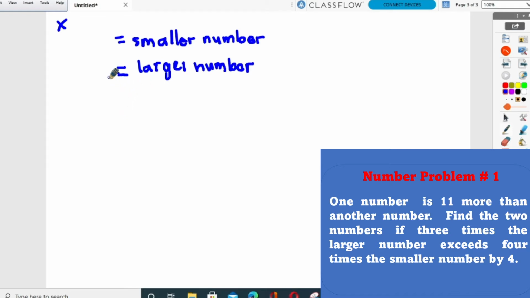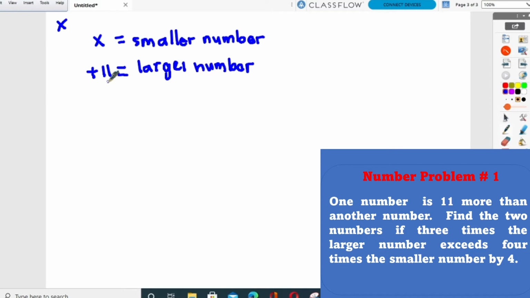Obviously, we will assign this as more than, plus 11. If we say more than, that means we are adding 11. Larger is larger than another number. So if this is larger than another number, we should assign x to represent another number.